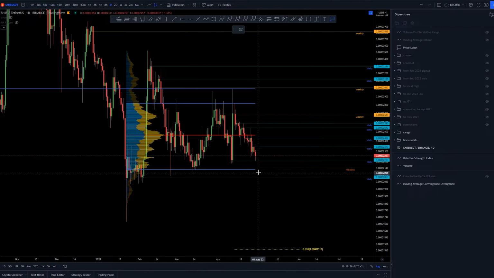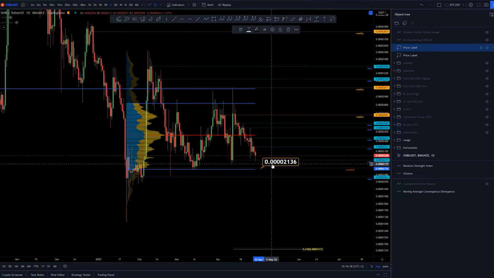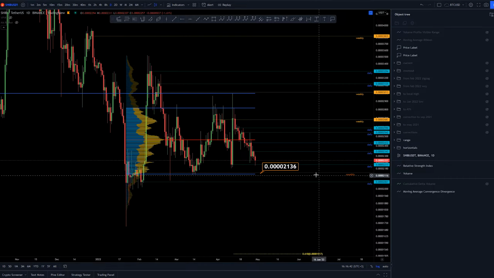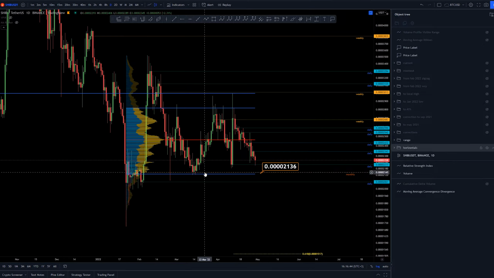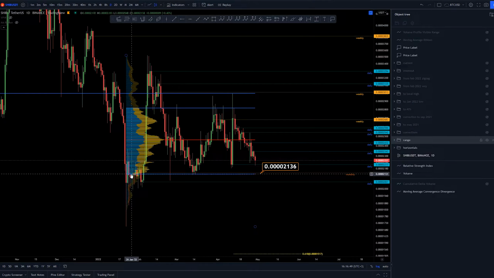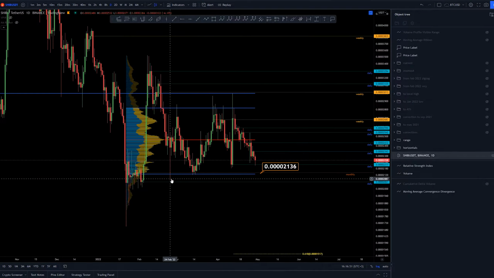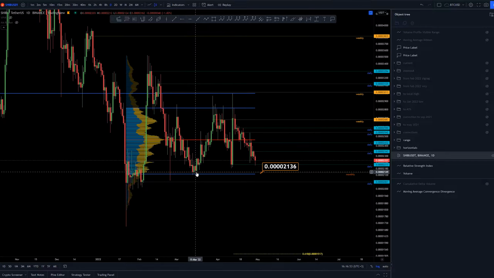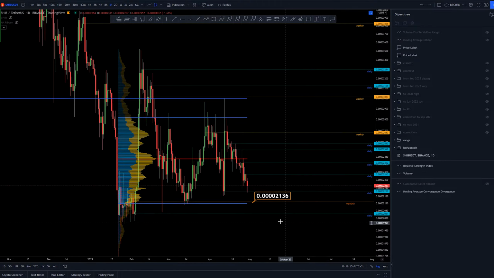Another major level of support here at monthly, 4 zeros 2136, where we have again that monthly previous resistance, previous support, and that range value area low. Now this level has been tagged already twice, so it's not as strong as before.